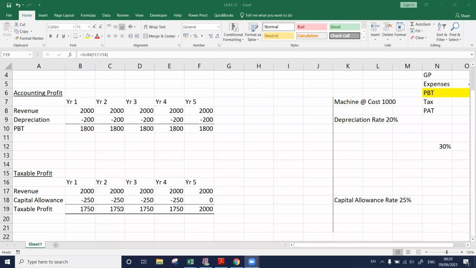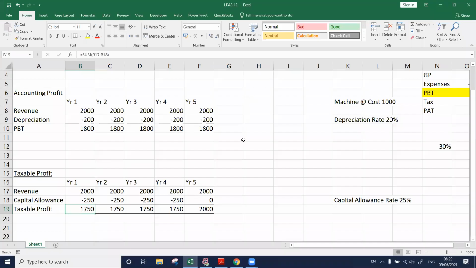So now you see what? In year 1, the profit before tax figure is 1,800. But in year 1, the taxable profit amount is 1,750. There is a difference, right? In year 2 again, there is a difference. Year 3, there is a difference. Year 4 again, there is a difference.